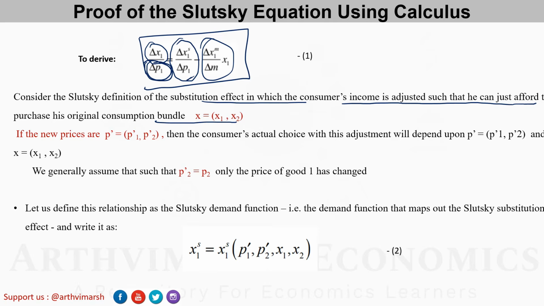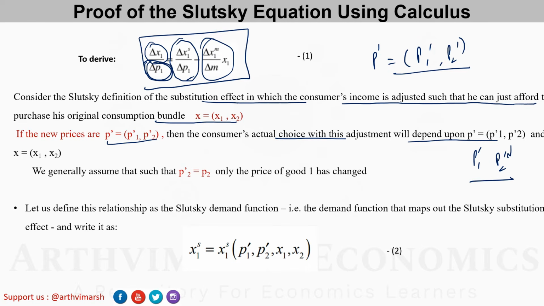Now if the new prices are P prime, which is equal to (P1 prime, P2 prime), resulting from the price change, then the consumer's actual choice with this adjustment will depend upon the new prices, that is P1 prime and P2 prime, and the respective function, I mean the consumption bundle.